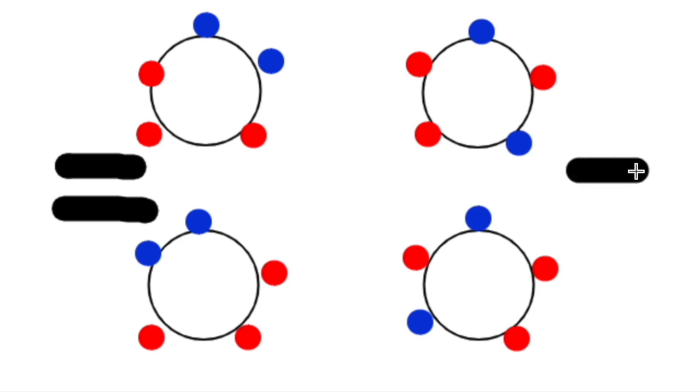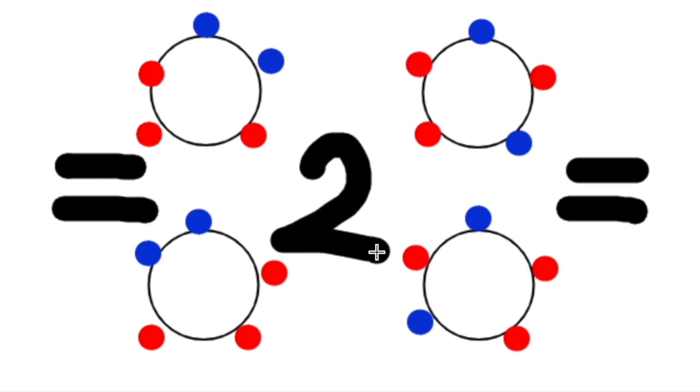And the same is true for the tables on the right. If you just rotate that bottom table clockwise 2 spots around, you get the table at the top. So there really are only 2 different arrangements we can make of these napkins, and that's the answer.